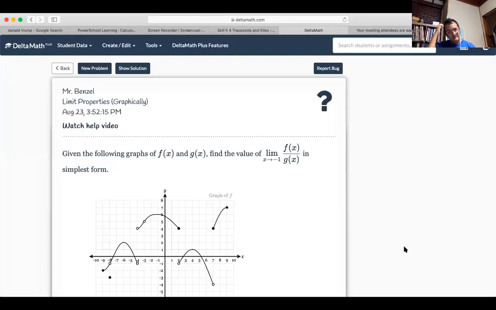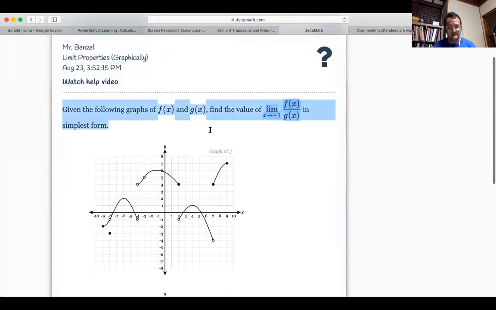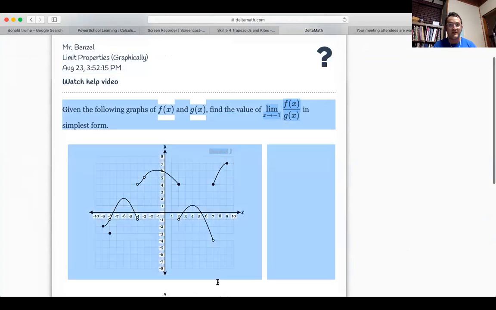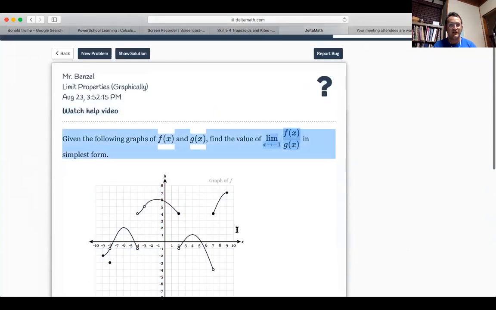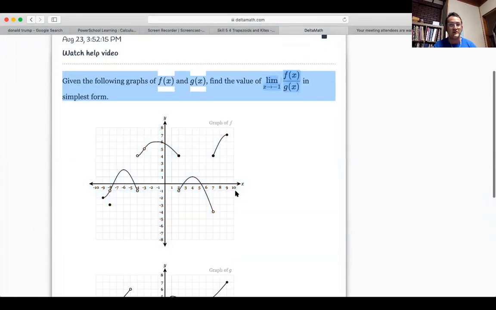So let me get back to screen sharing here. It says, given the following graphs of f of x and g of x, find the value of the limit as x approaches -1 of f of x over g of x. All right, so here's what we are going to do.